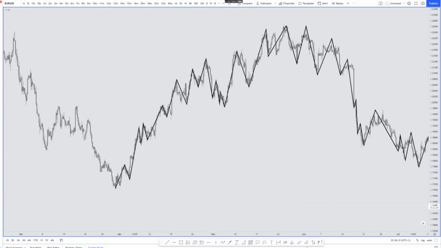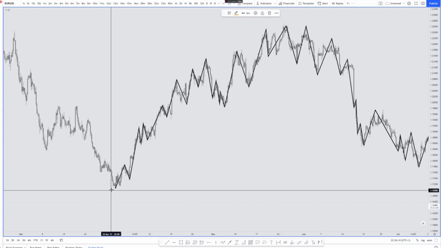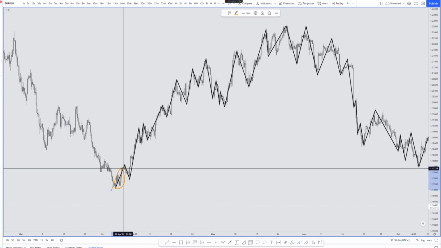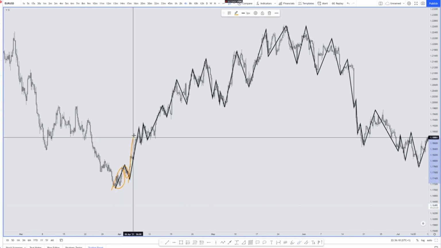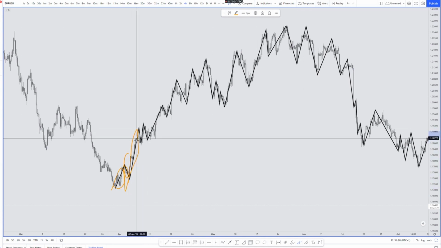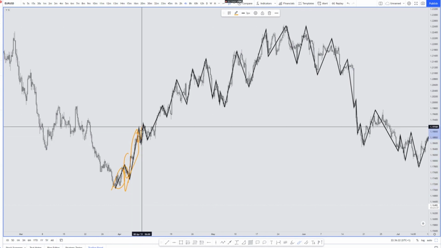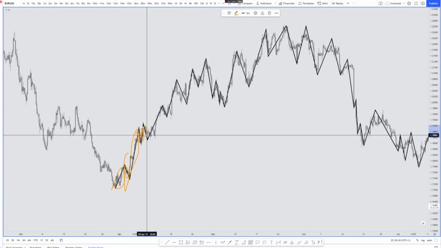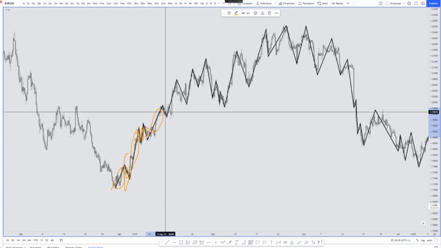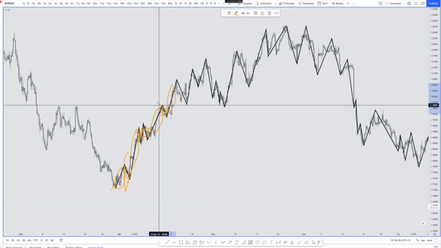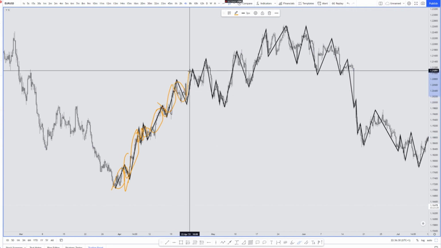Because if you look at the impulses and the size of them, good impulse, little impulse, huge impulse, little impulse, kind of a bigger impulse, small impulse, pullback, large impulse, small, large, smaller, larger.